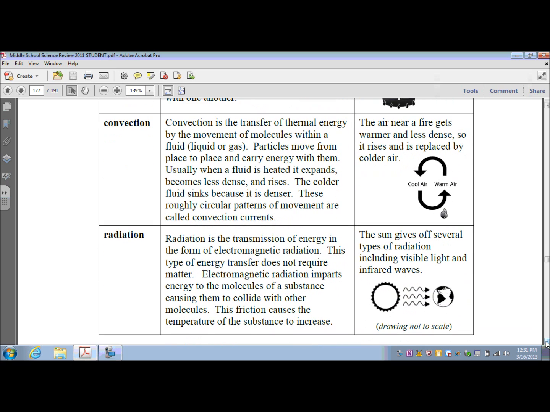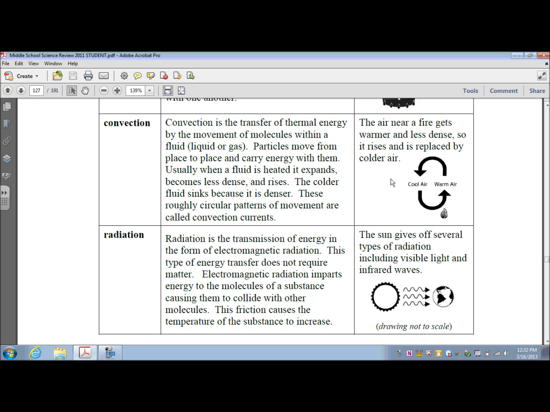Convection is the transfer of thermal energy by the movement of molecules within a fluid, liquid or gas. Particles move from place to place and carry energy with them. Usually, when a fluid is heated, it expands, becomes less dense, and rises. The colder fluid sinks because it is denser. These roughly circular patterns of movement are called convection currents.